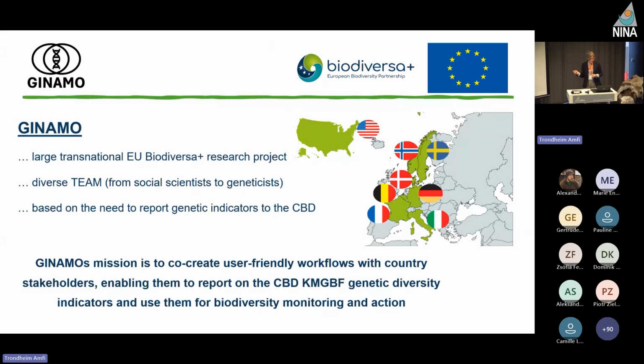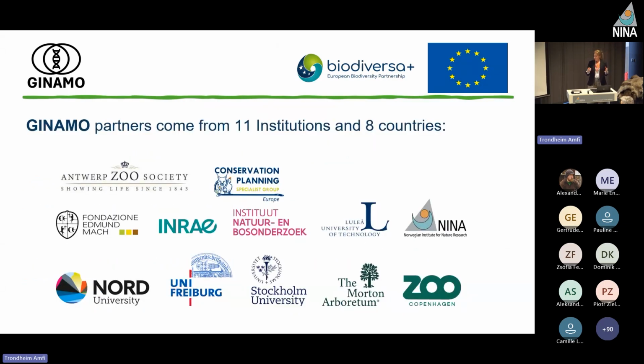And GINEMO's mission is to co-create user-friendly workflows with country stakeholders that enable them to actually report on the Kunming-Montreal Global Biodiversity Framework and genetic diversity indicators, and use them for biodiversity monitoring and action. And we are quite a large team. We are close to 30 people. We have partners from 11 institutions in 8 countries. And some of them are represented here today.